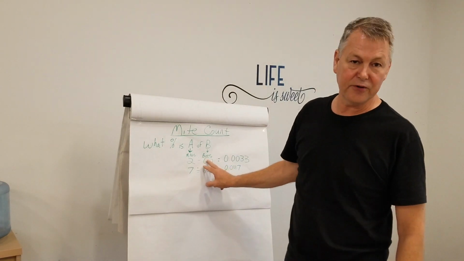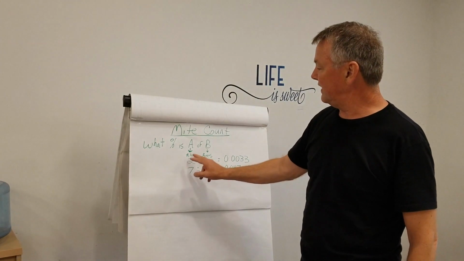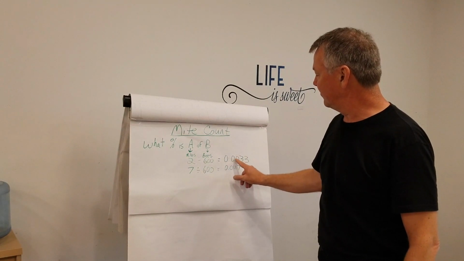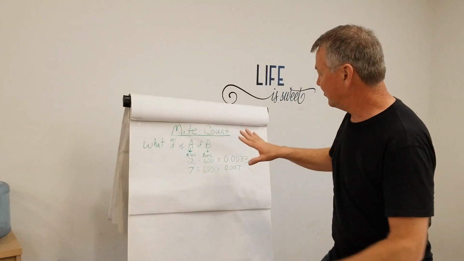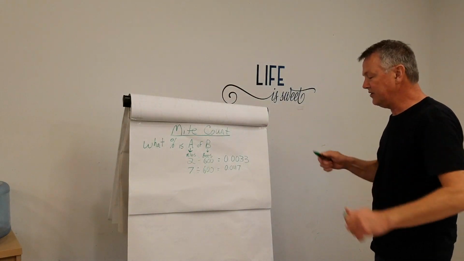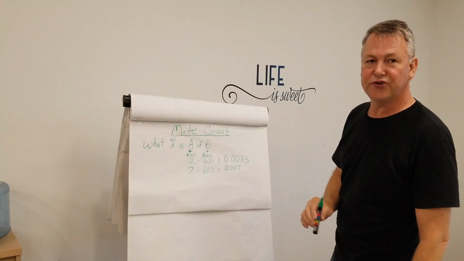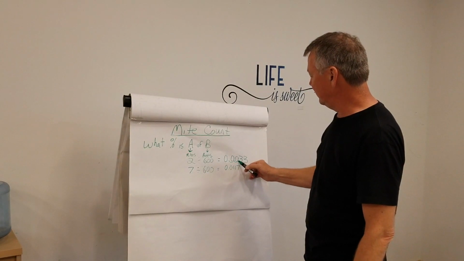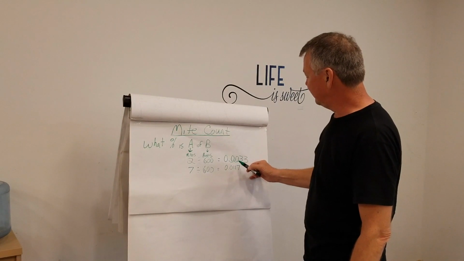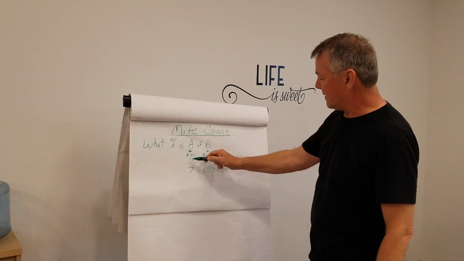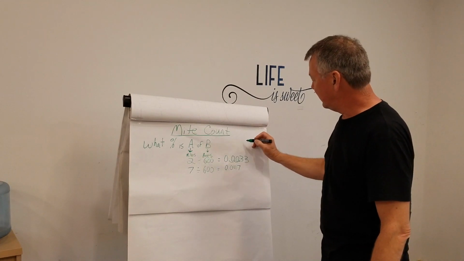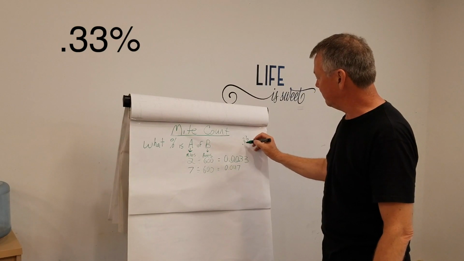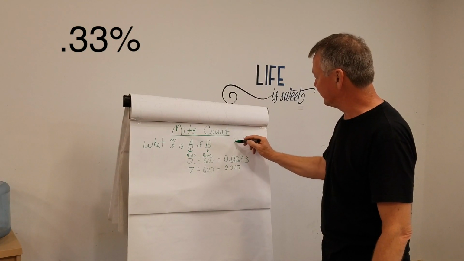And the way that you determine that is that you divide 2 by 600, and it comes up with 0.0033. So for a percentage, you move the decimal 2 spaces to the right. So we go 1, 2, and so this means that this mite count comes up with a percent of 0.33. That's what our percentage is.